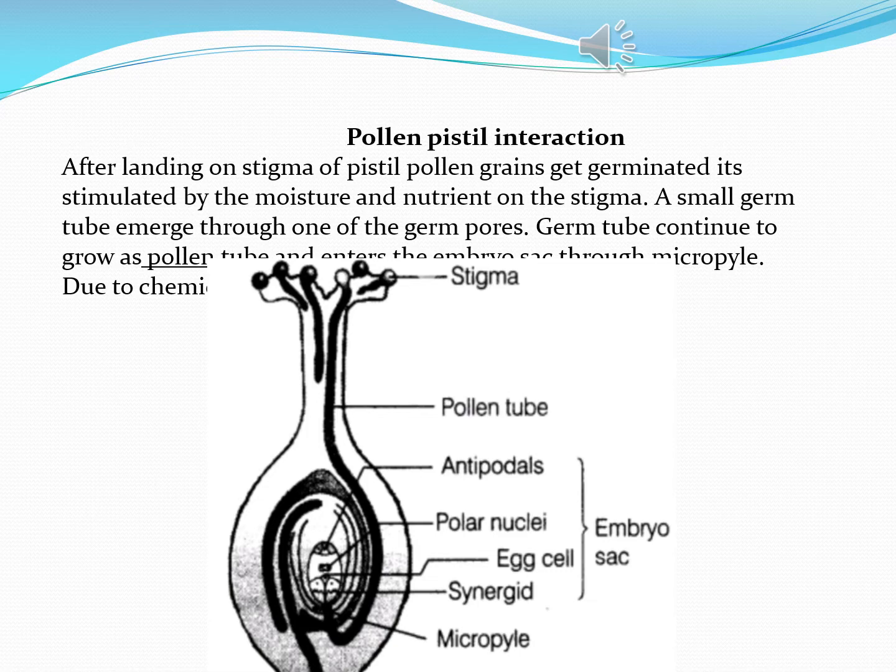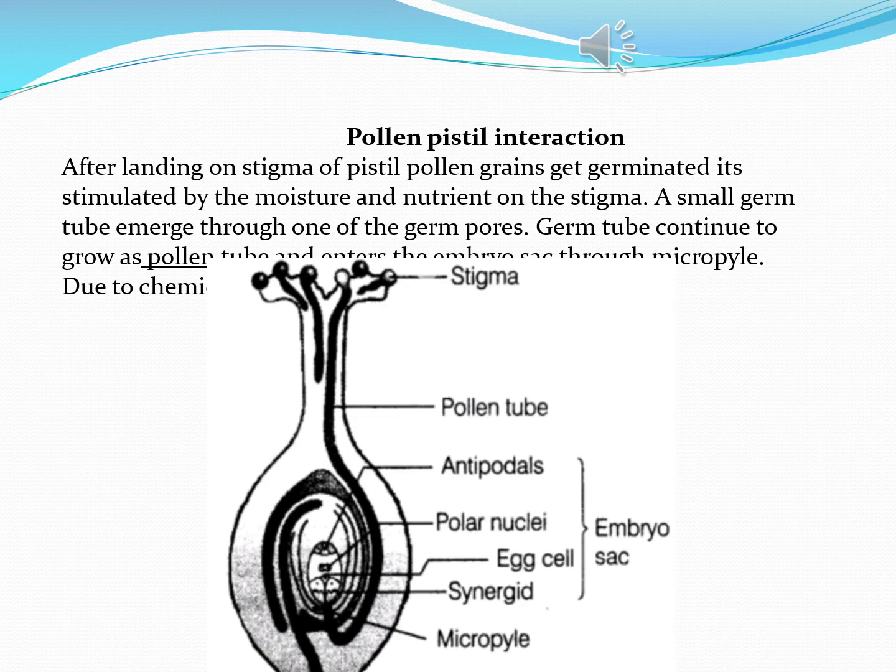and that germ tube emerges from the germ pores. This is what we discussed when we were studying the structure of the pollen grains. So the tube will emerge from the germ pores, and this germ tube will continue to grow as a pollen tube. Initially it is a small outgrowth from the pollen grain, and later it grows as a pollen tube.